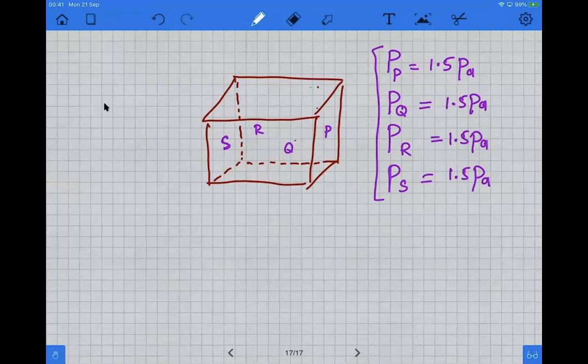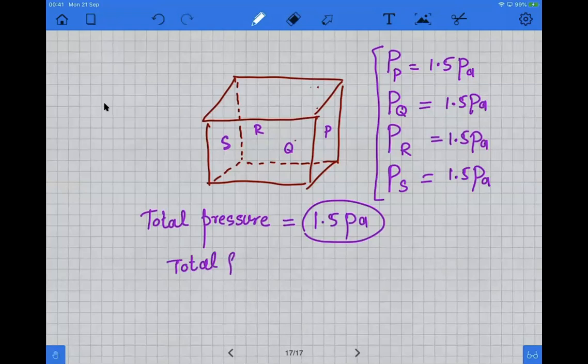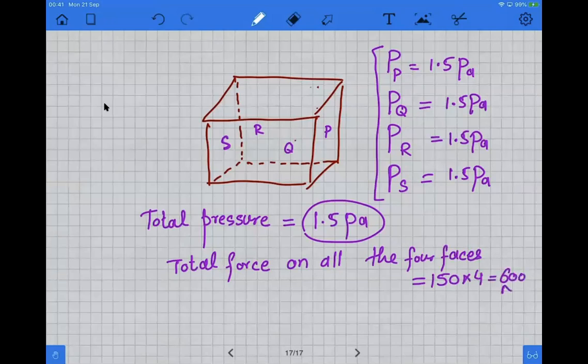Now, what is the total pressure on the side faces? Total pressure on the side faces will remain 1.5 Pascal, as total force on all the four faces will become 150 into 4, which is 600 Newton.